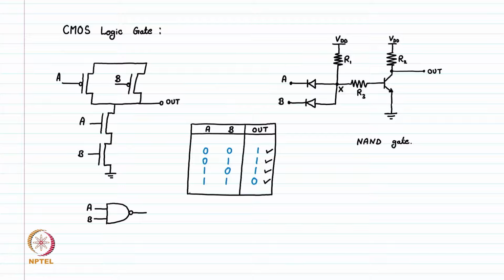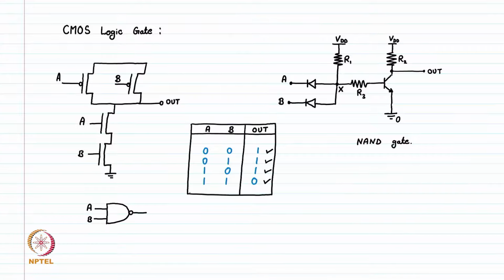However, an interesting point to note is that when this output is pulled down to ground through this BJT, the output value is not exactly 0, which is ground. The output value will never be completely 0, because the output is nothing but the resistance division between R2 and the on-resistance of this BJT.